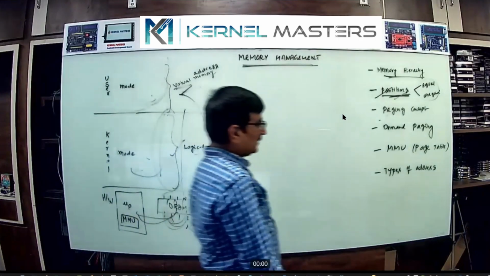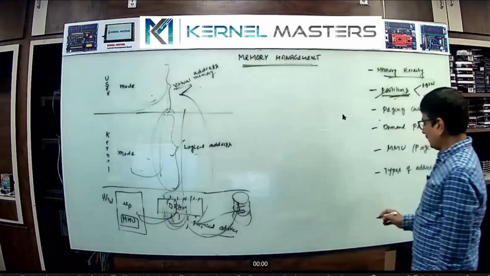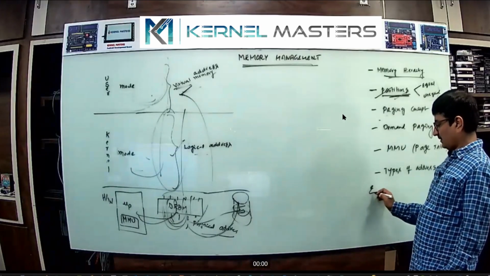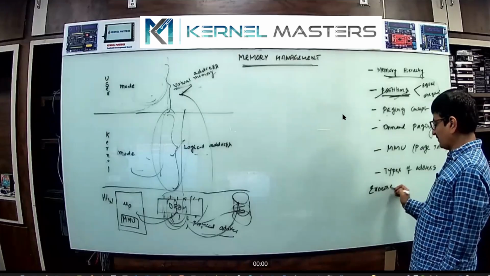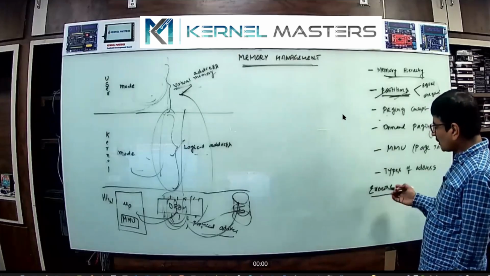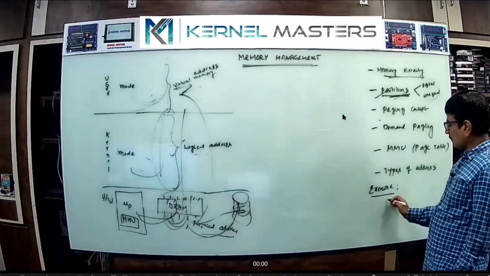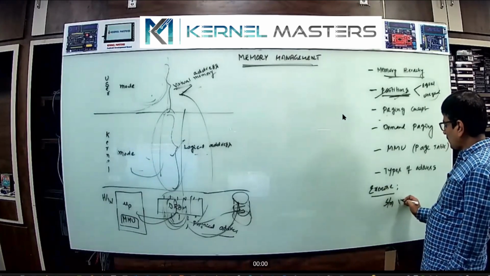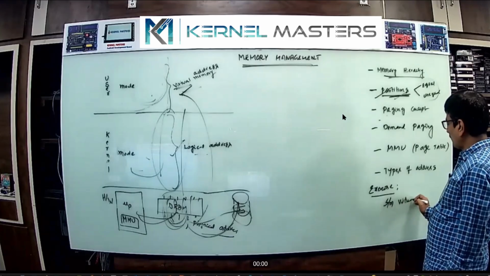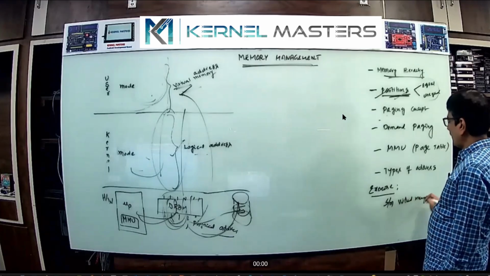And finally you can see one practical example, like a lab exercise actually. In the lab exercise, check your system. Whatever your current running system is, find out the virtual memory, the logical memory, and the physical memory.